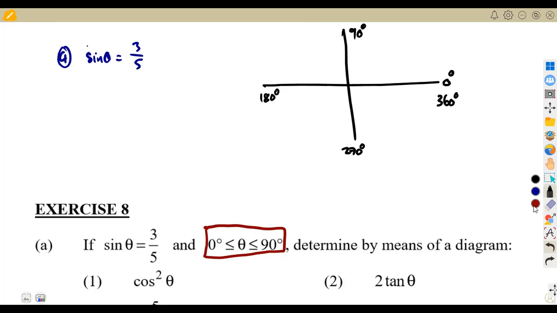They are giving us a condition where theta is in between 0 and 90, which means we are in the first quadrant. We are in the first quadrant.